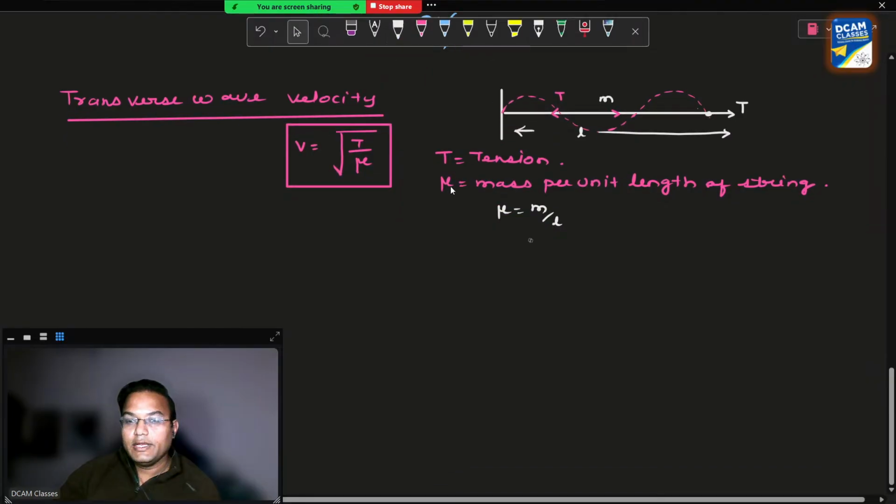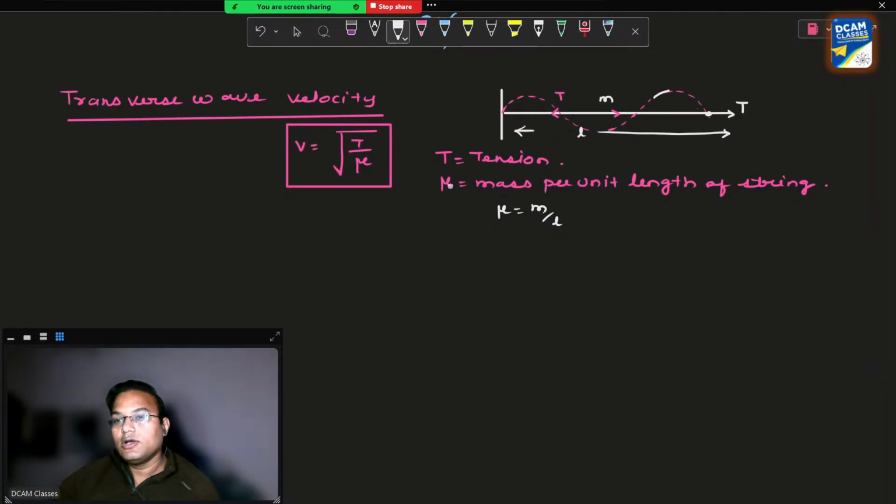How do we derive it? We take a small portion here, and assume there is a center for this. It's making an angle of theta on each half, so the total angle is 2 theta.